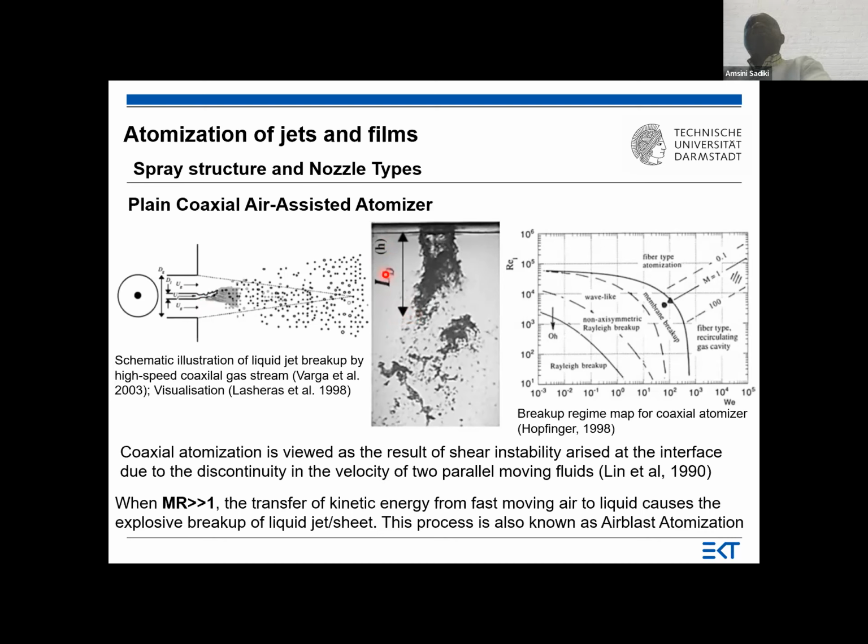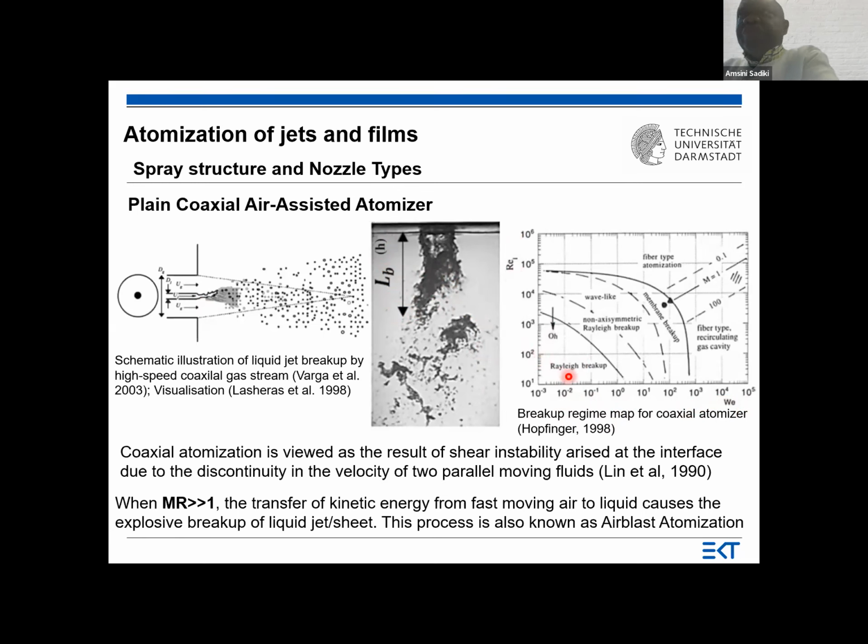It is the length of the breakup, and for the breakup regime for such a kind of atomizer, we have seen the breakup regime for the jets. Here for this plain coaxial assisted, we have almost the same regimes, but in a different scaling. And here we have the Weber number and the liquid Reynolds number.